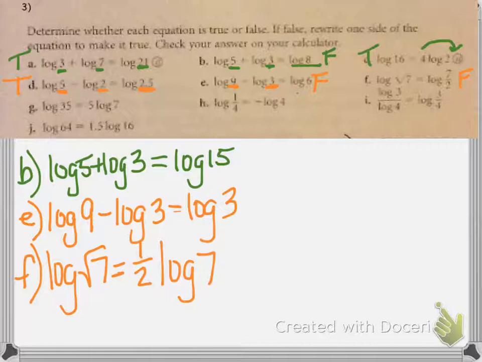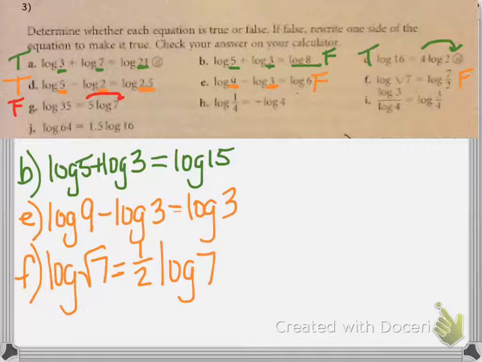So for G, that is false as well, because again, we would take this 5 exponent and put it on top of the 7. 7 to the 5th power, I don't even have to calculate that because right away I know 7 times 7 is 49, and then I have to multiply by 3 more 7s, so it's definitely going to be bigger than 35.